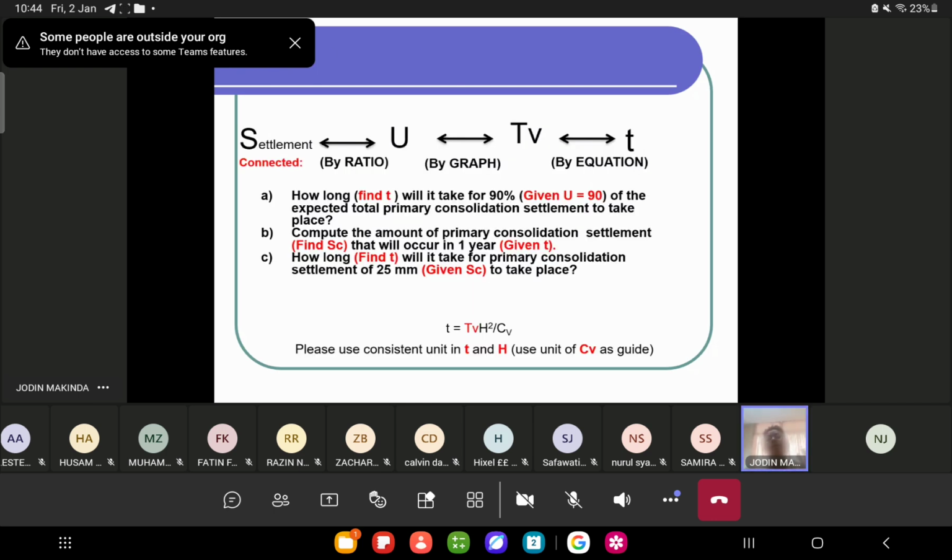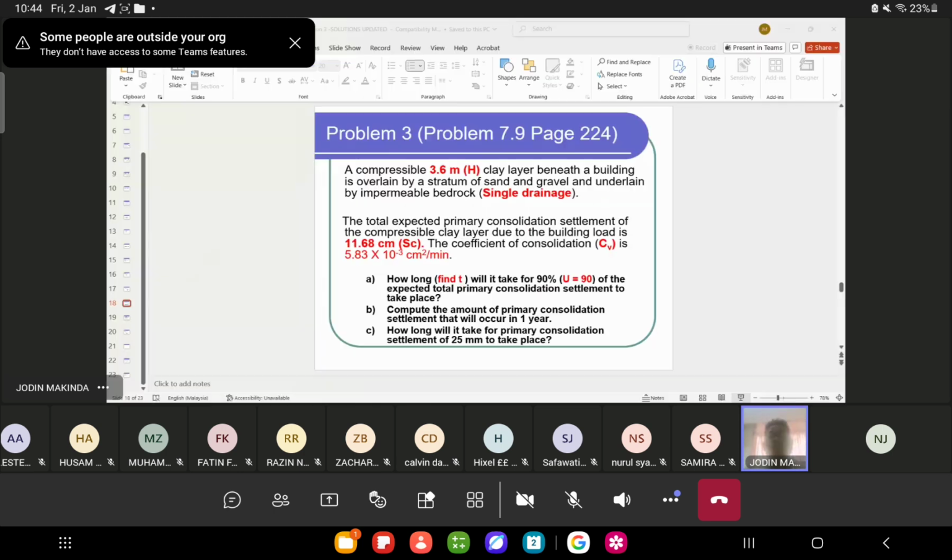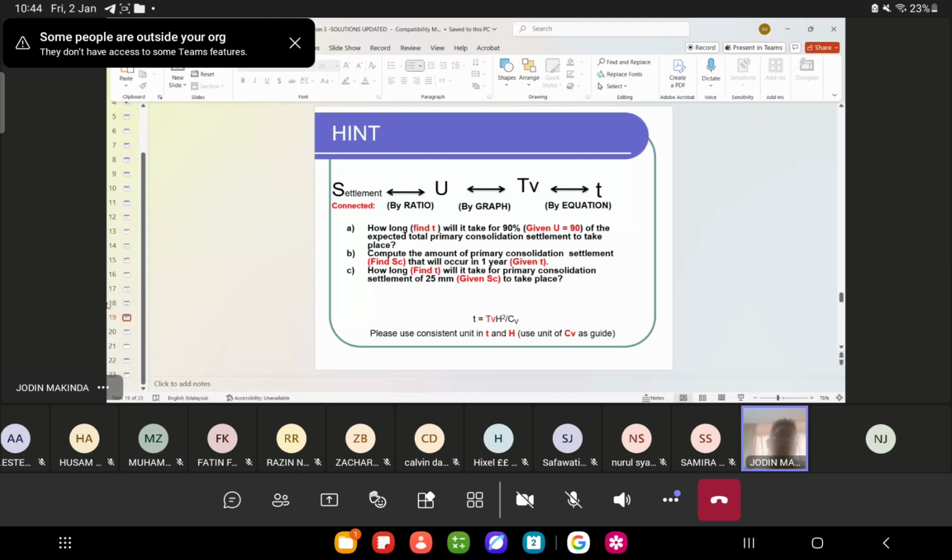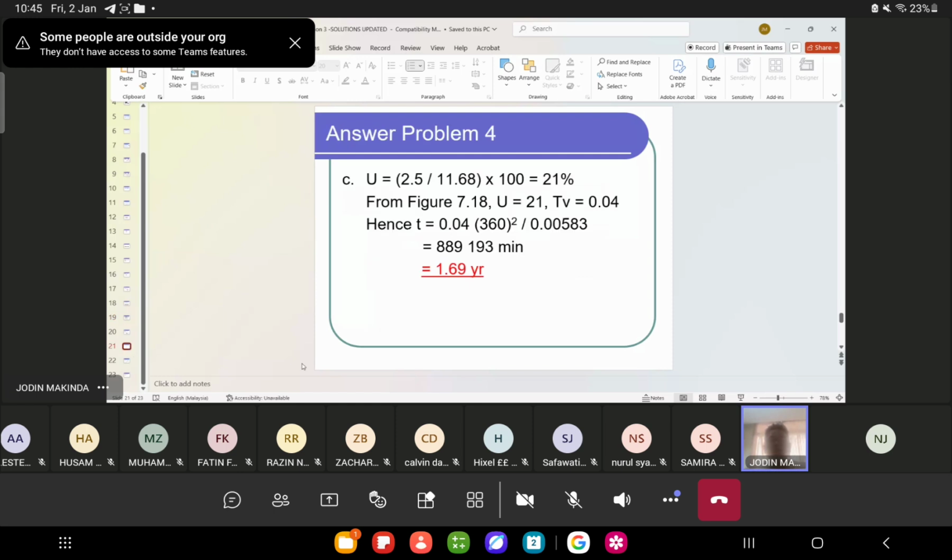Meaning that whenever you face problem related to the rate of settlement, always follow this SUTVT. Dan H dan T must be consistent with the unit of CV. Coefficient of consolidation must be consistent. All right? In order for us to solve this problem.